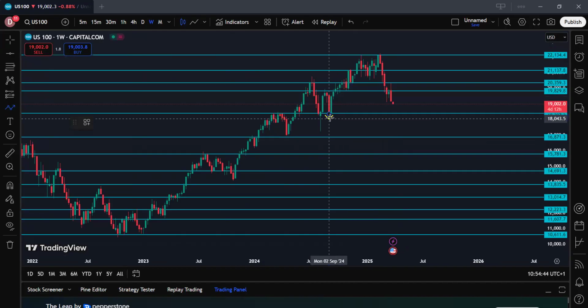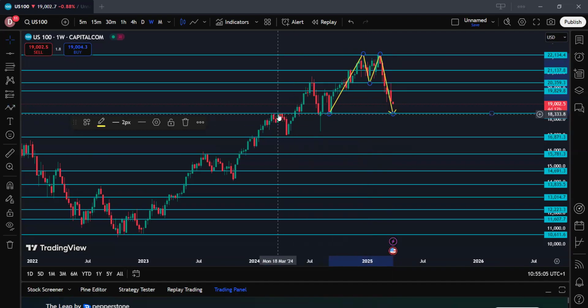You can see from this low area to the highest point here, to this area of a retest and another resistance, we're breaking this support, which is right here. We are expected to hit this area right here, where you can see previous resistance and support being consistently tested on the weekly time frame.